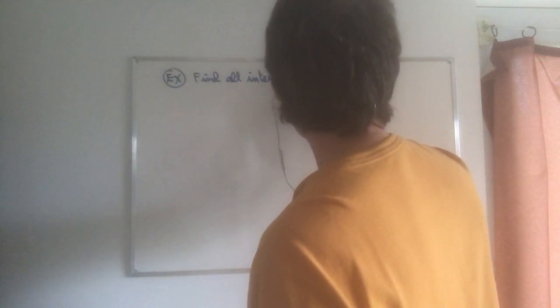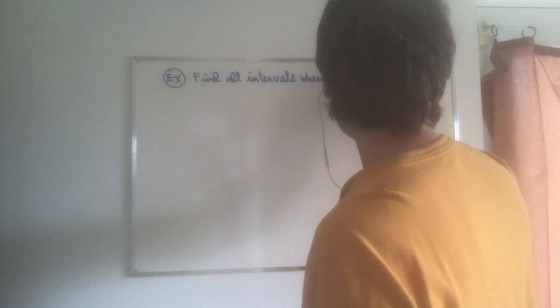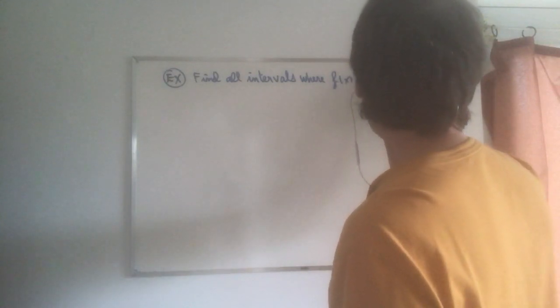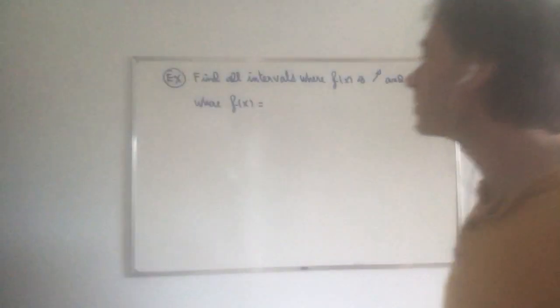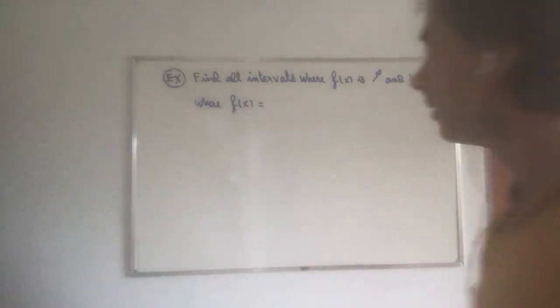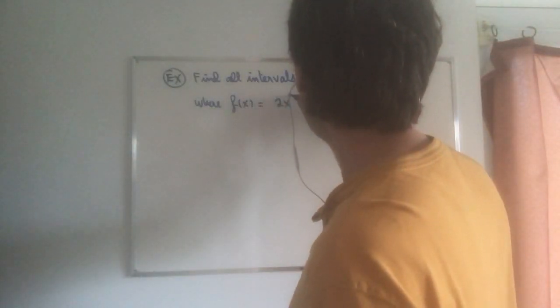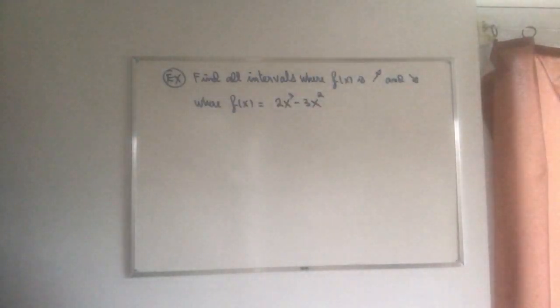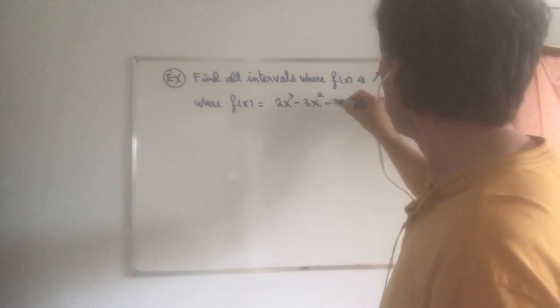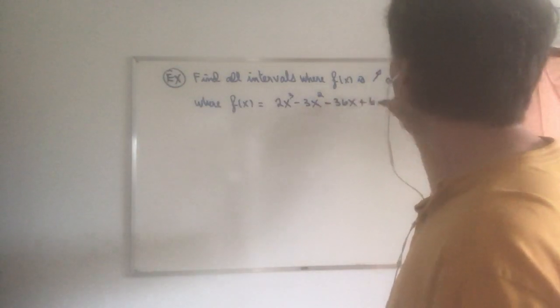find all intervals where f is increasing and decreasing, where f of x is given by 2x^3 minus 3x^2 minus 36x plus 6.